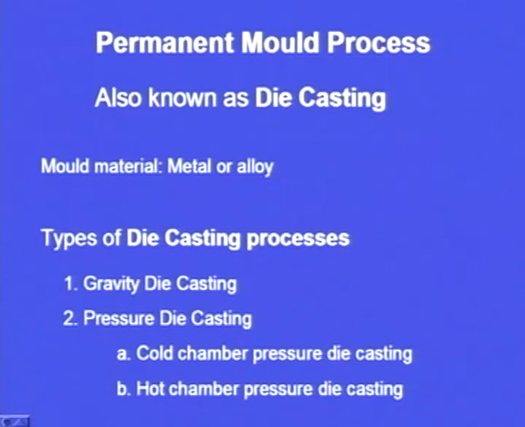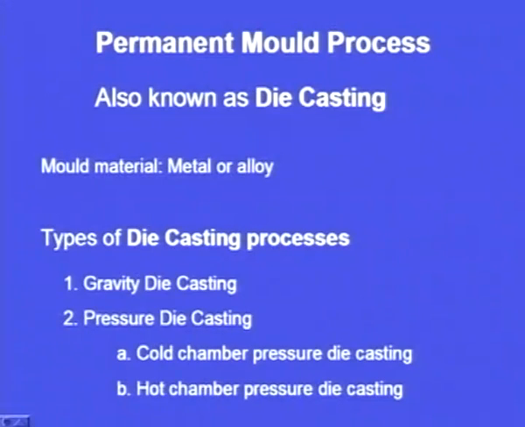The next type is pressure die casting, in which there will be a set of moulding boxes made up of metal or alloy, and the molten metal is injected by external pressure. Again, this pressure die casting is divided into two types: cold chamber pressure die casting and hot chamber pressure die casting.